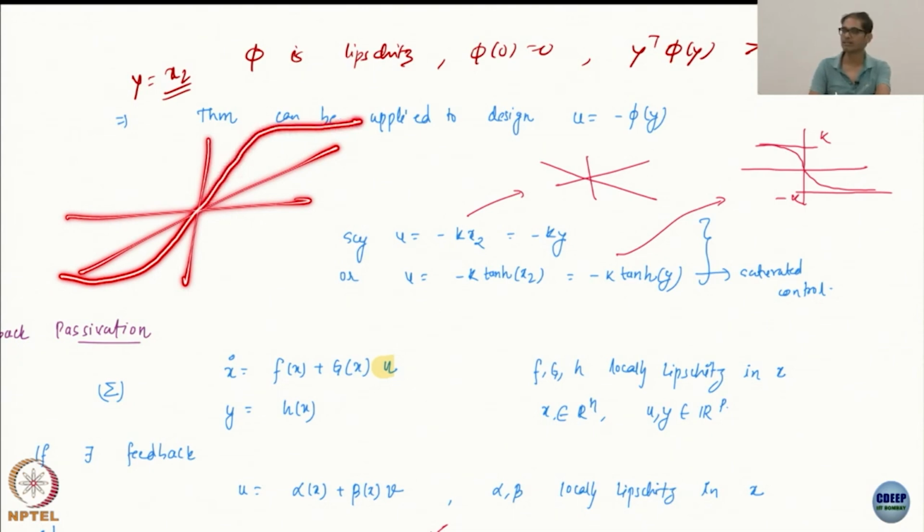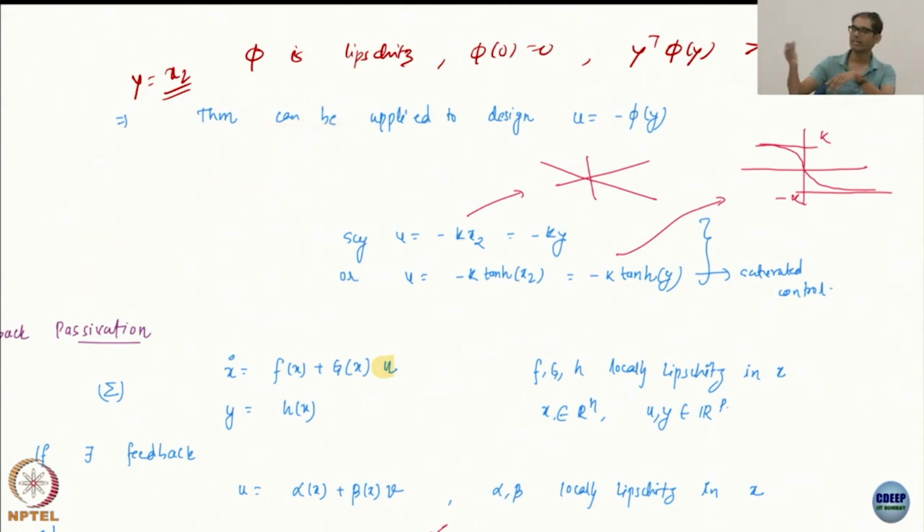When y is positive, tan hyperbolic y is positive, when y is negative, tan hyperbolic y is negative, it is 0 only at 0. It is a mapping which maintains the sign, and it is just saturating it. So, minus k tan hyperbolic x2 is also a saturated control choice, and in that case your control is just lying between these two. It is flipped just because of the negative sign, that is all.